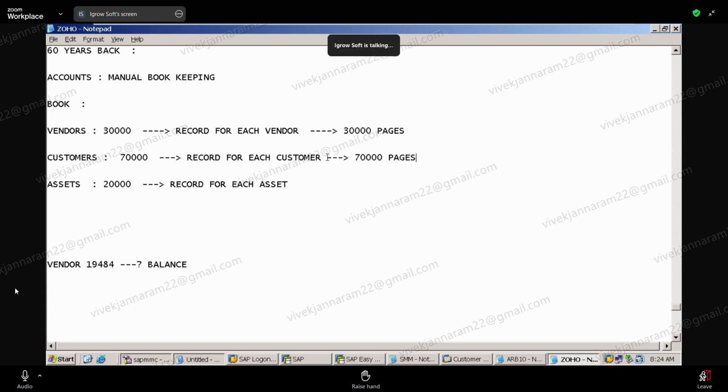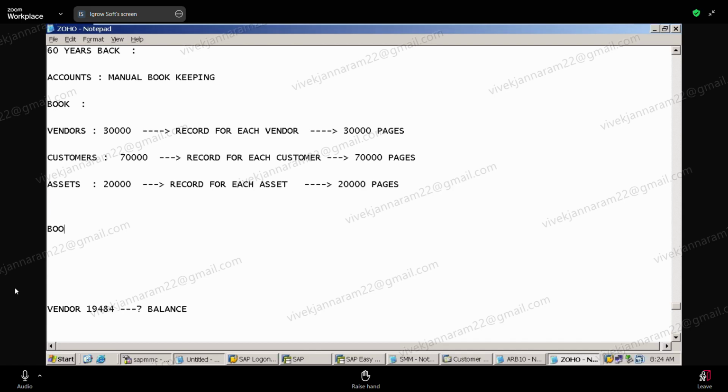Here how many pages do I need? So in total how many pages should the book have? 1,20,000 pages. Imagine a book containing 1,20,000 pages, guys. How horrible it is.